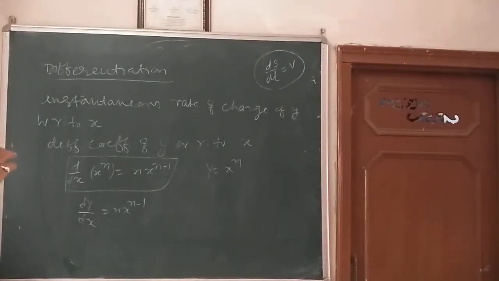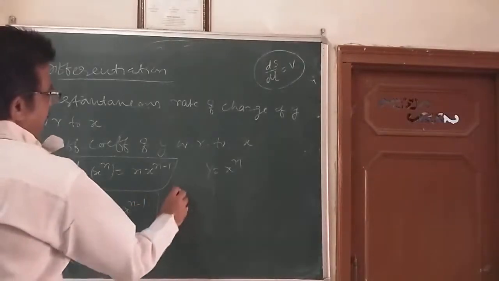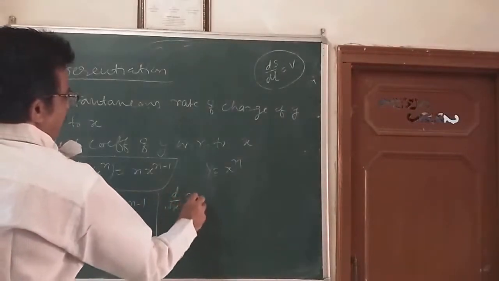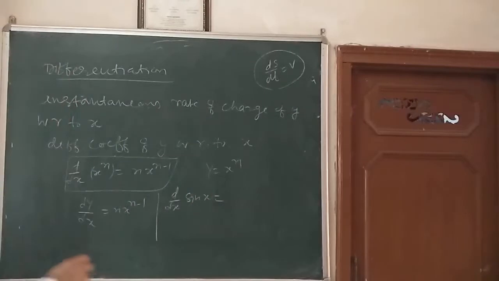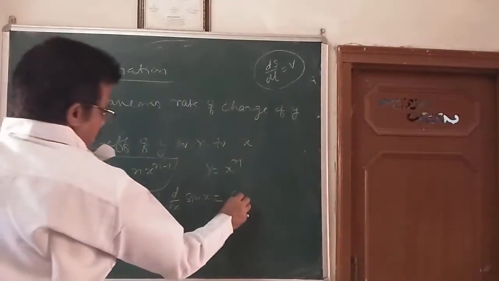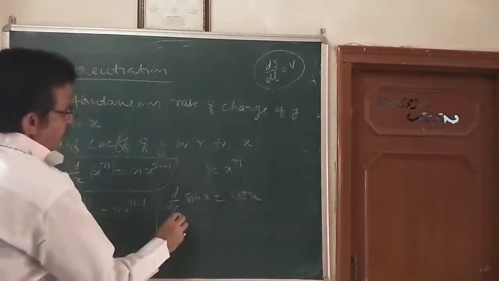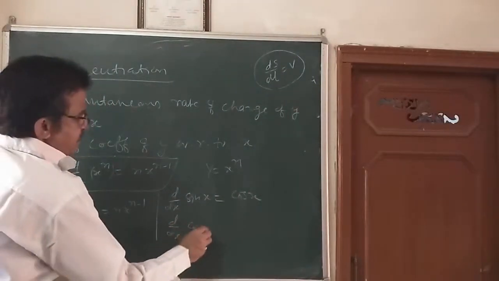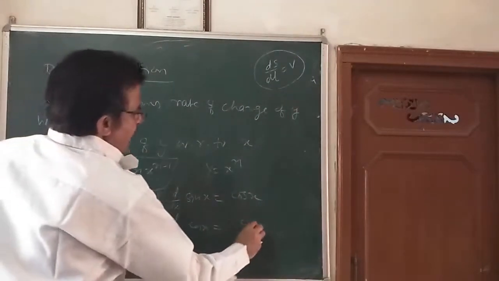Similarly, two more formulas you have to remember. dy dx of sin x, differentiation of sin x, is equal to cos x. Similarly, dy dx of cos x is equal to minus sin x.